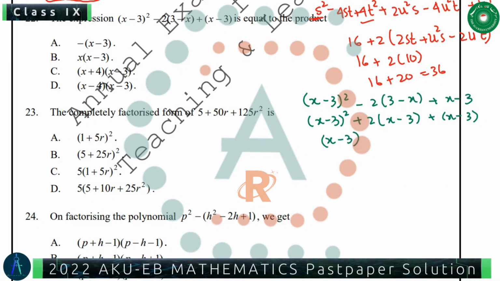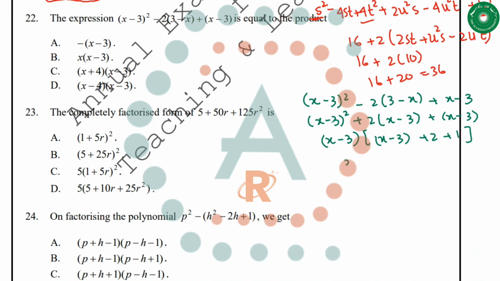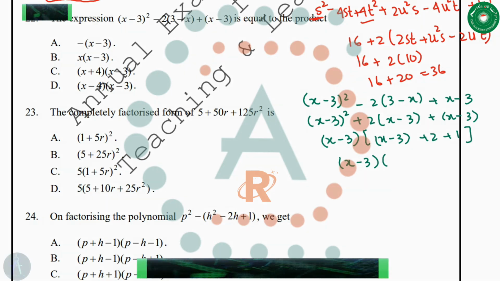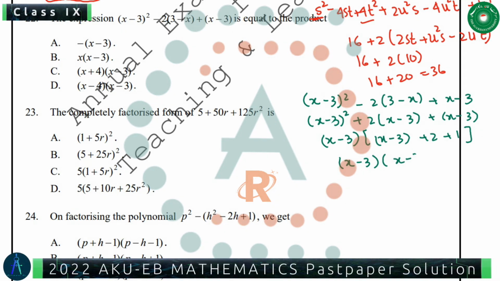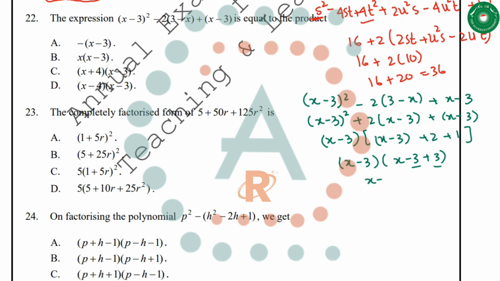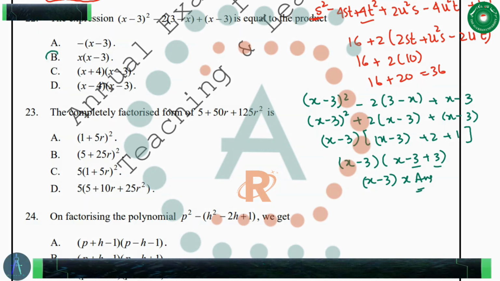We will get (x minus 3) into (x minus 3 plus 2 plus 1). So (x minus 3), and we solve inside the bracket. So we will get x minus 3 plus 3. Minus 3 plus 3 will be cancelled out and we will get (x minus 3) into x. So the correct answer is option B.